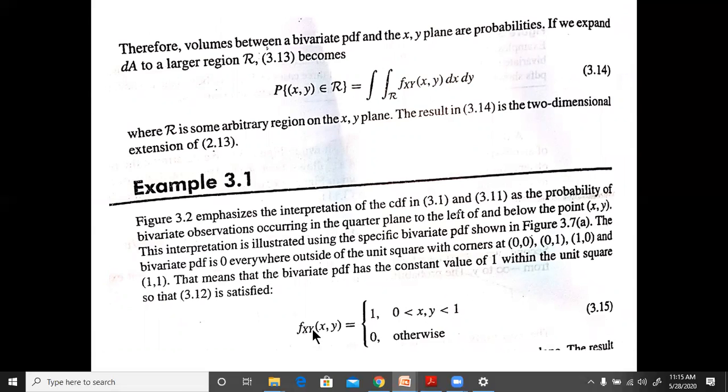So this is f of x, y, (x, y) equal to 1 within the range 0 to 1 for both x and y, and this has to be substituted in 3.17.